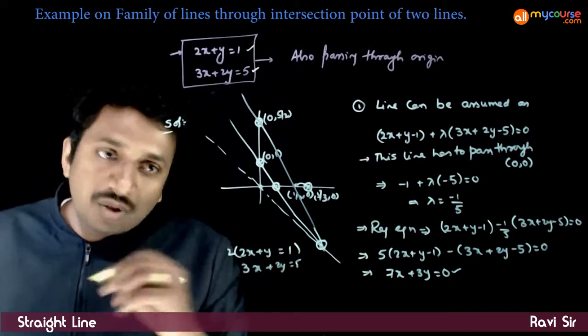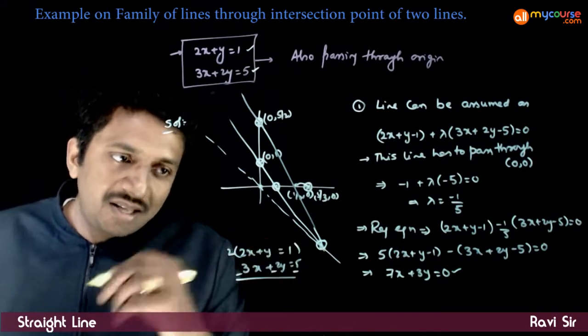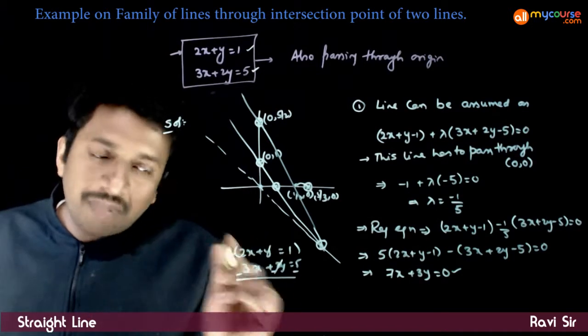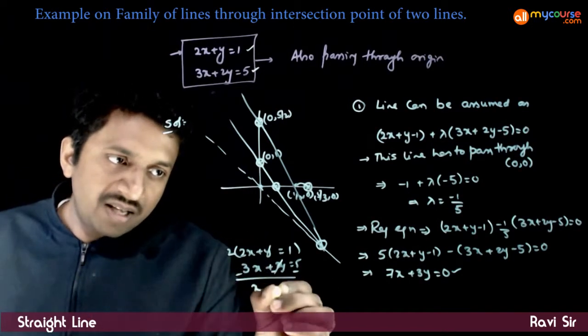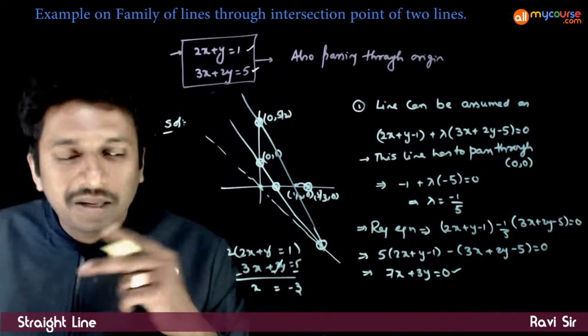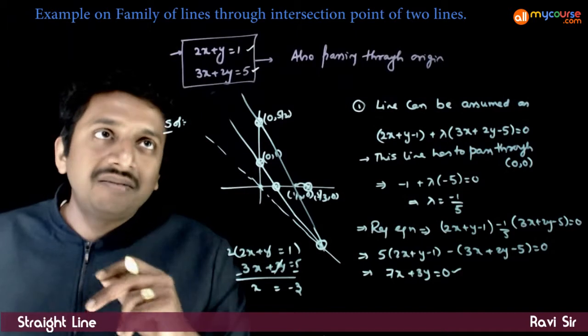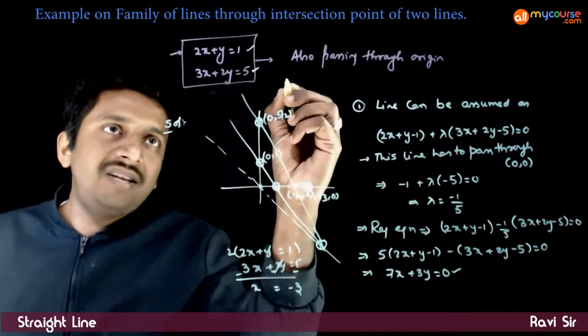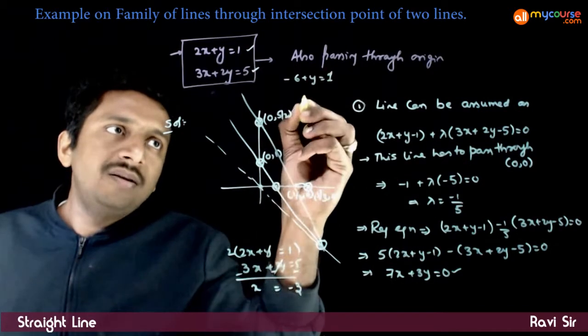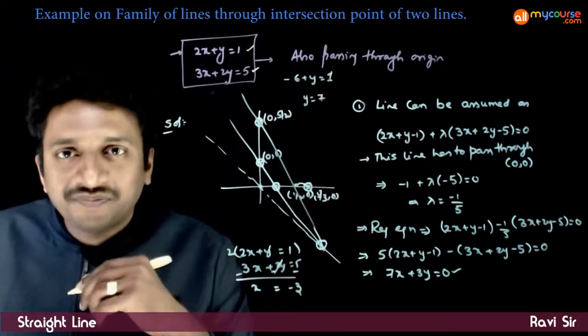I'll multiply this with 2, and if I subtract the equations, 2y and 2y get cancelled. 4x minus 3x, x is equal to 2 minus 5 is minus 3. So x is equal to minus 3. And if you put x is equal to minus 3, you get minus 6 plus y is equal to 1, y is equal to 7.